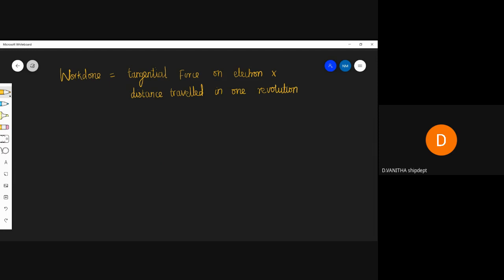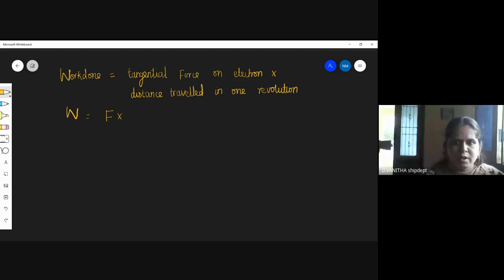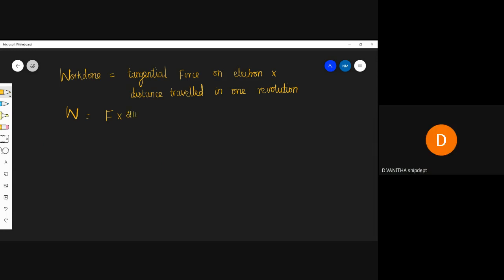So the work done W is equal to the tangential force F into the distance traveled in one revolution. It can be written as 2 pi r.